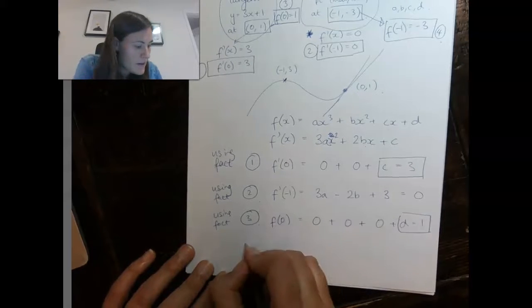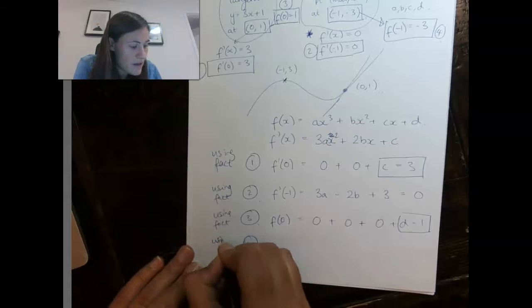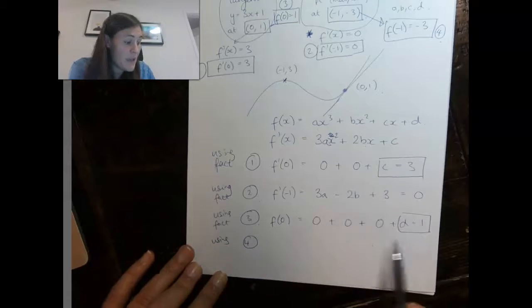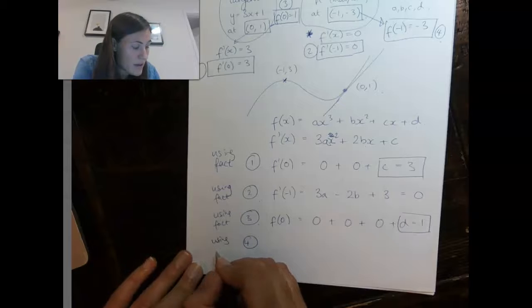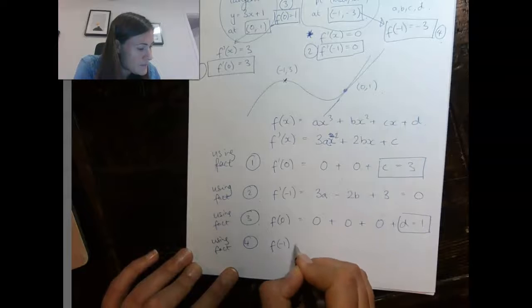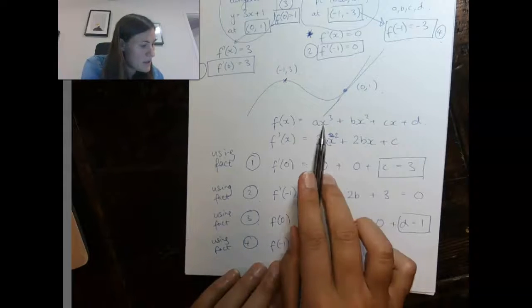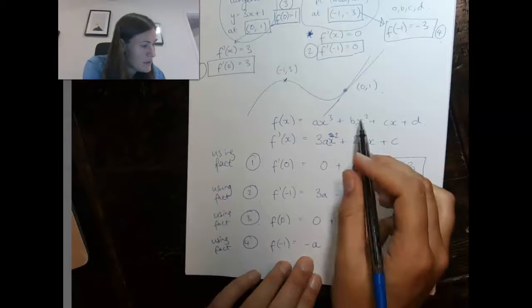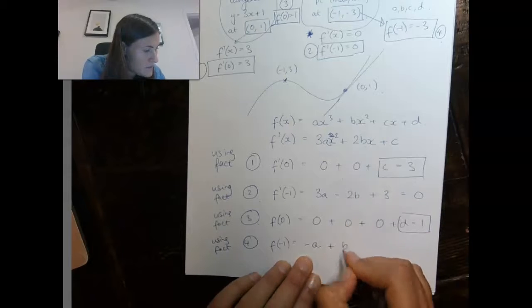Hopefully, I'm going to get some sort of combination involving a or b in this last one, and it's going to mean that I can figure out all the rest. So using fact 4, f of negative 1 equals negative 3. Okay, negative 1 cubed is negative 1, so this is minus a. Negative 1 squared is 1, so that's plus b.